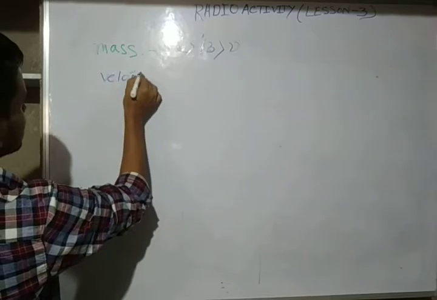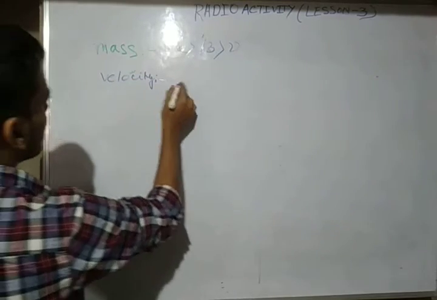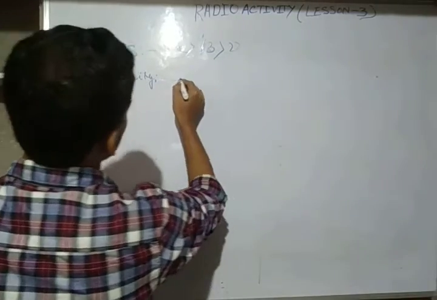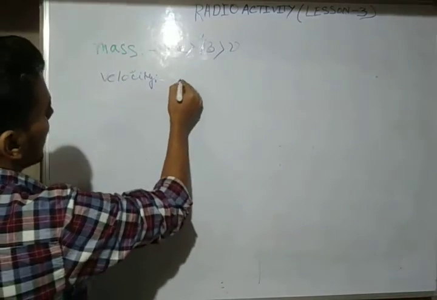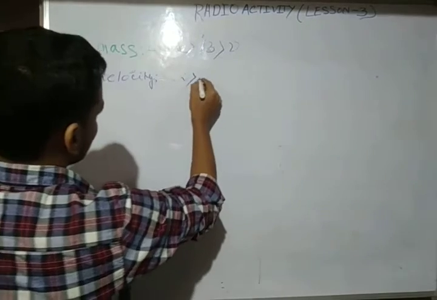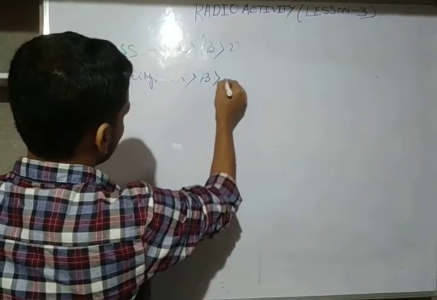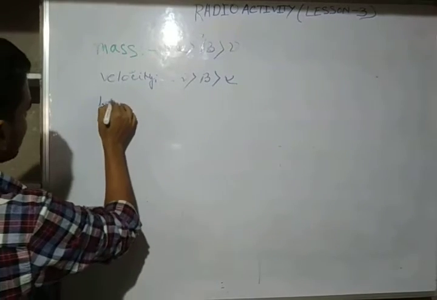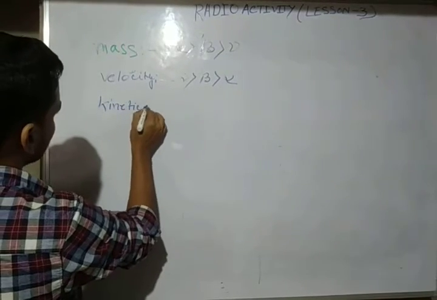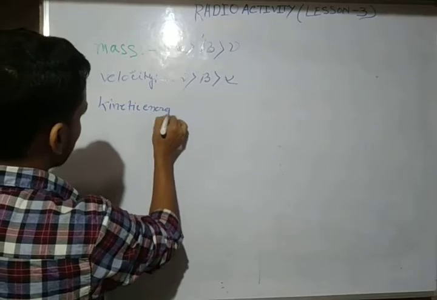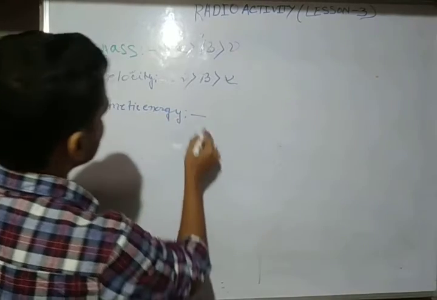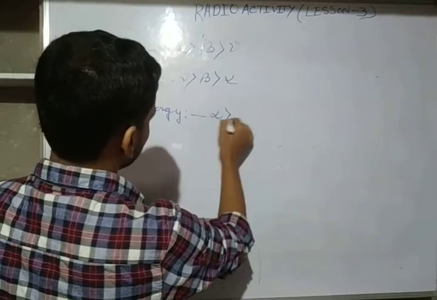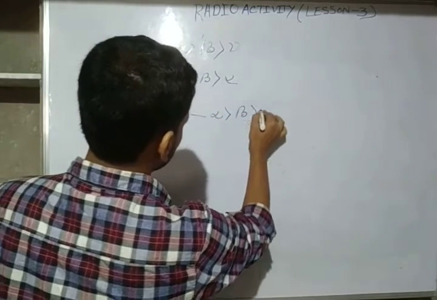Velocity: the velocity of gamma is highest among these three because the velocity of gamma is same as light. Gamma, then beta, then alpha. Kinetic energy: alpha, beta, gamma.